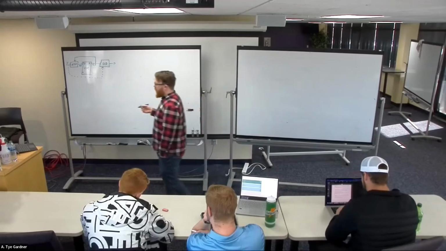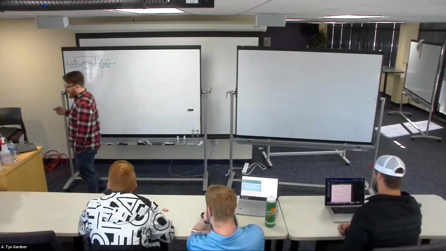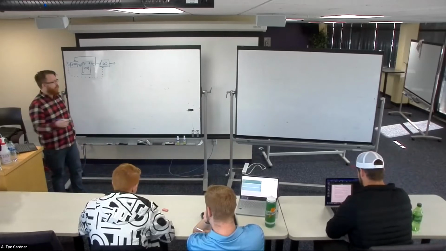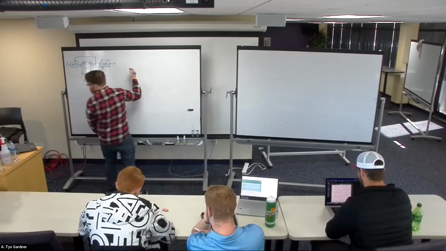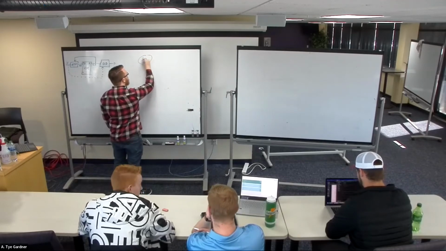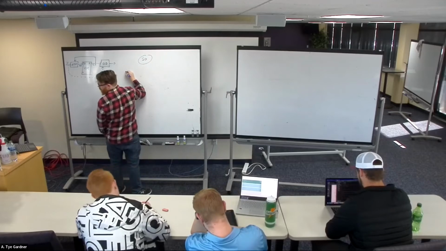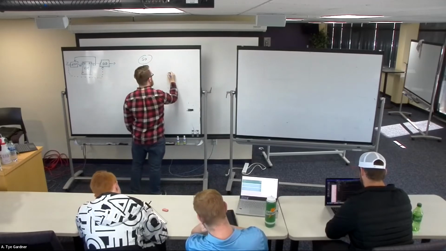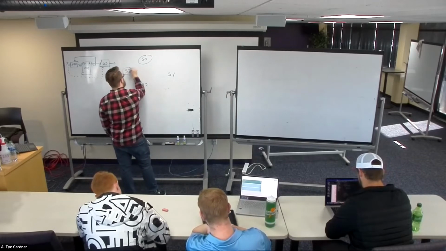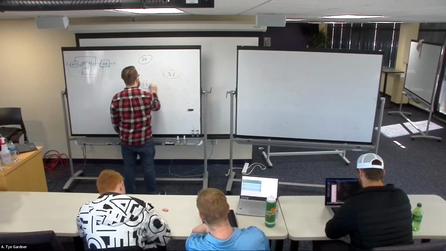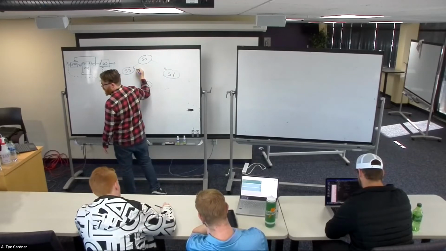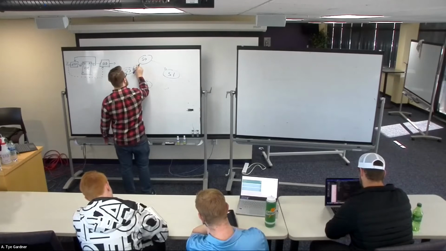I'm first going to start by drawing a state machine, and it turns out I'm not even going to talk about what it does, because you can just draw bubbles and build it. So it's going to take 4 states, S0, S1, S2, S3.